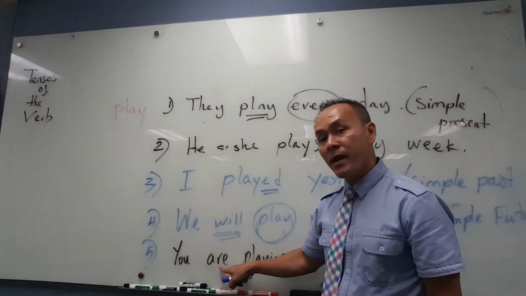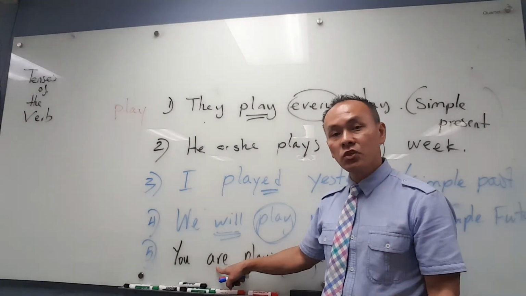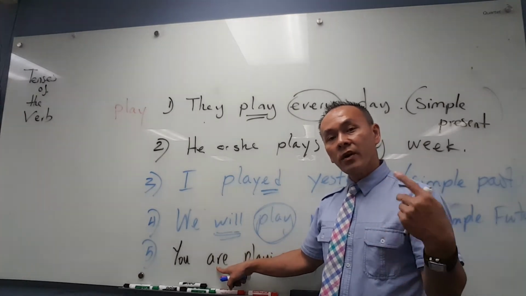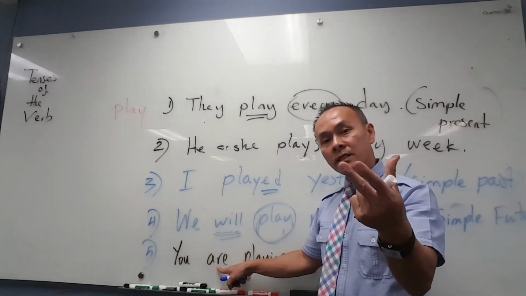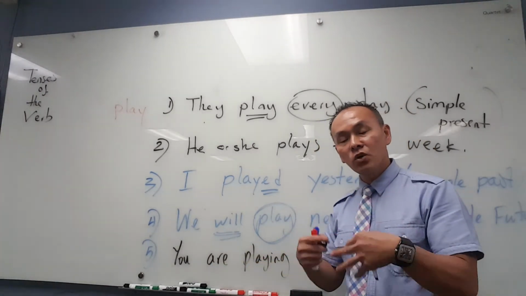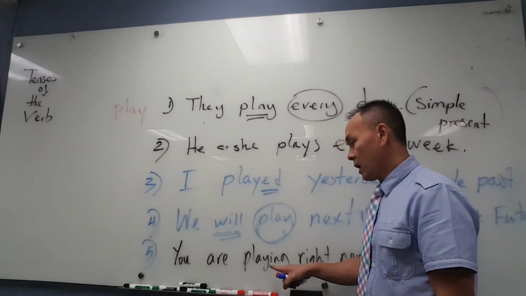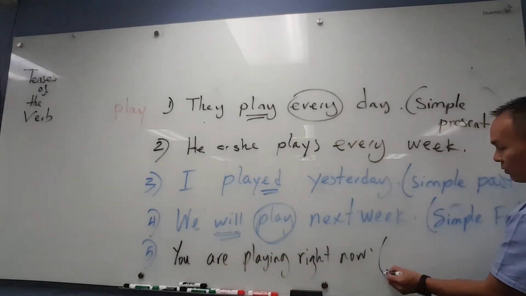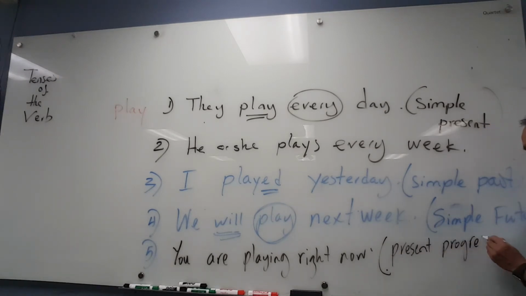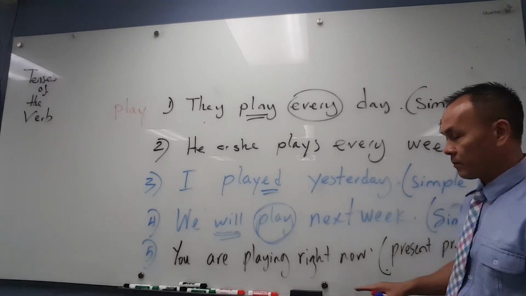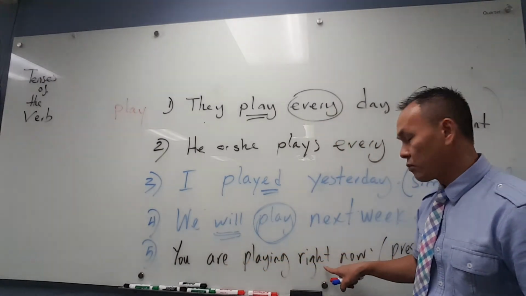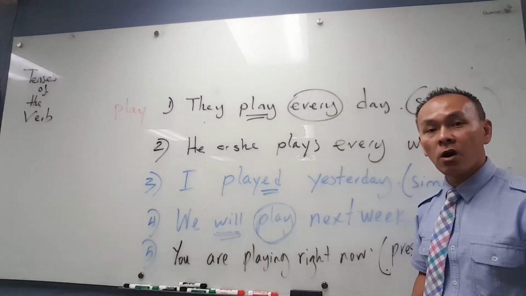So the subject has to match with the forms of to be. I am, you are, he or she or it is, you, we, they are. So anytime you have progressive, whether present or past, you need to use to be plus ing. So this is called present progressive. Say together. You are playing right now. At this moment, you are playing.